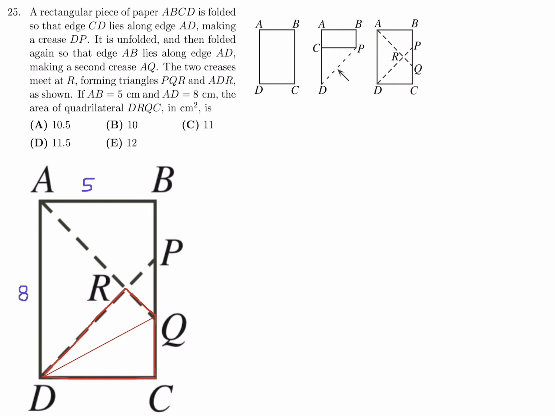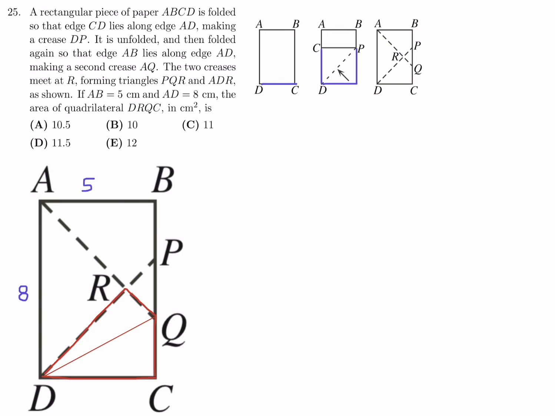Now, notice in this diagram right here, up here, that CD was here. And then you folded it and CD came up here. So when you do that, what you've basically done is formed a square. And because you formed a square, this is the same as that in terms of its length. Correct?